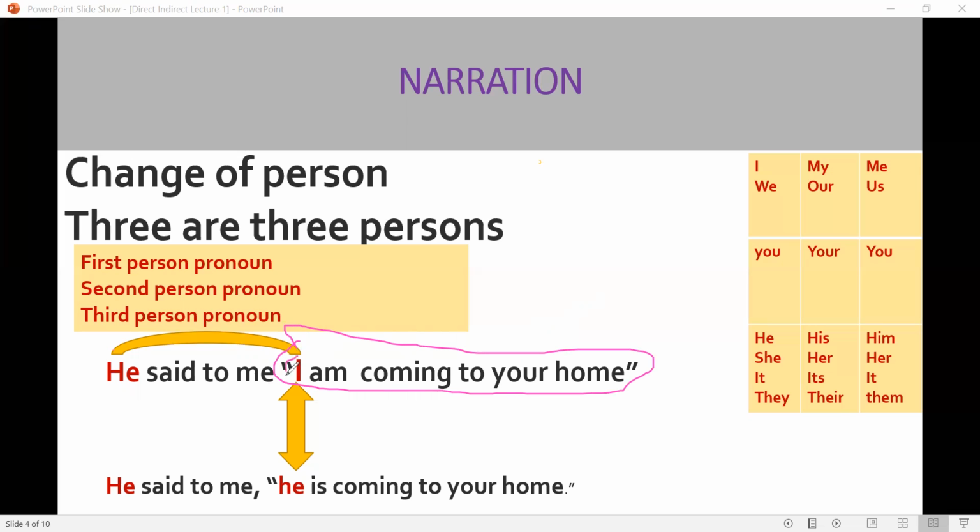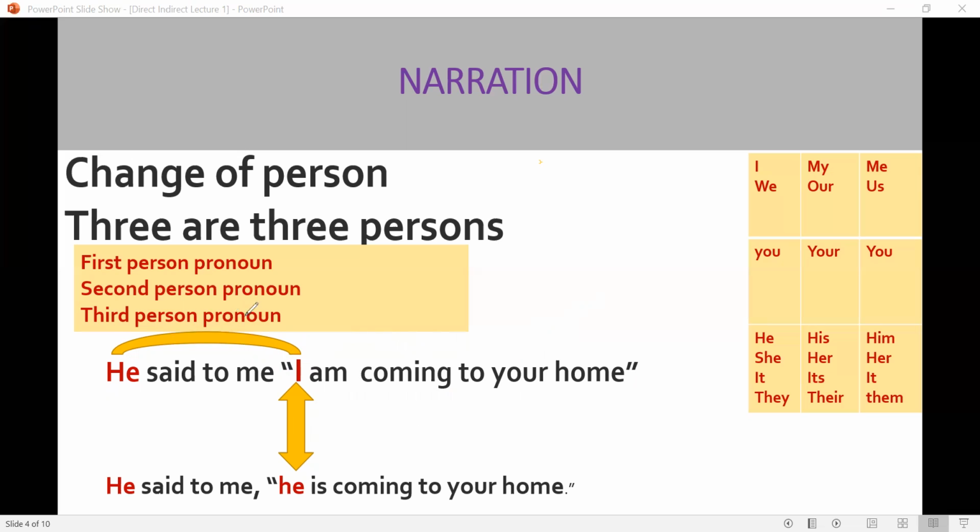The first person pronoun of the reported speech is changed into the subject of the reporting speech, as I have highlighted in this presentation which you are watching now.